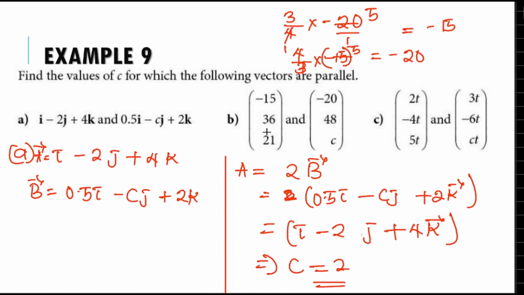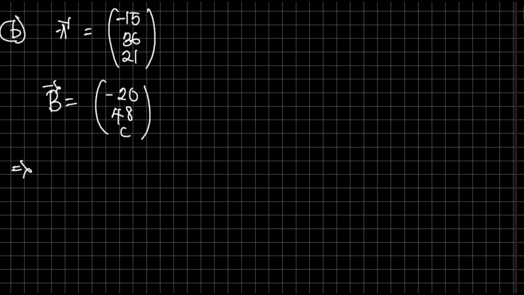Good. So if we multiply the first vector by 4 over 3, we're going to obtain the second vector. You notice? So let's work it out. Vector B equals 4 over 3 multiplied by vector A. Do you agree? So let's work it out here.